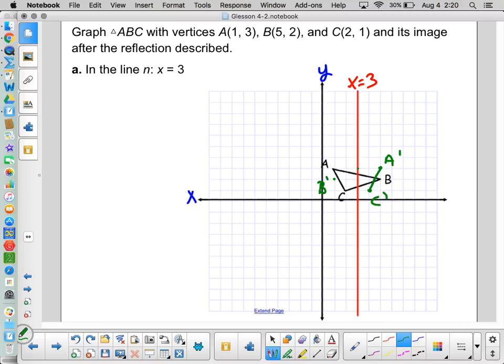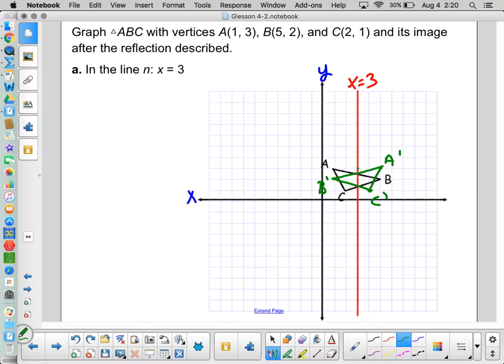And when I connect my dots, I get an exact duplicate of my original triangle, but flipped over that line, as if that were a mirror. So it's an exact mirror image of that original triangle.